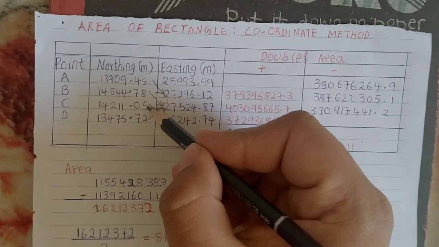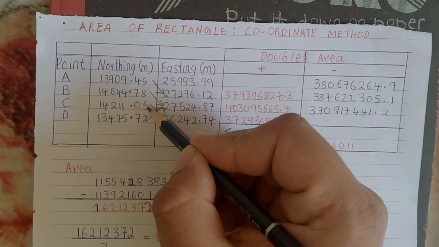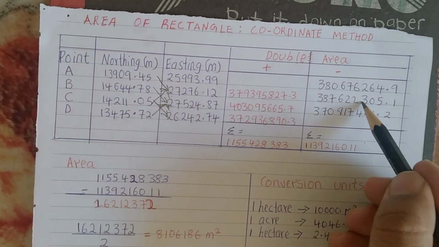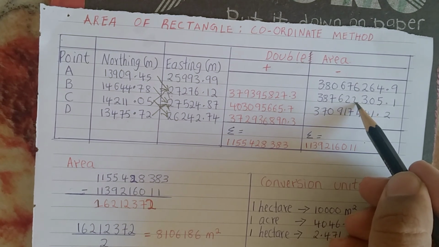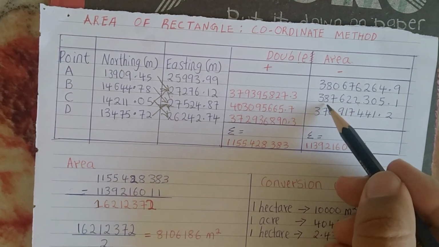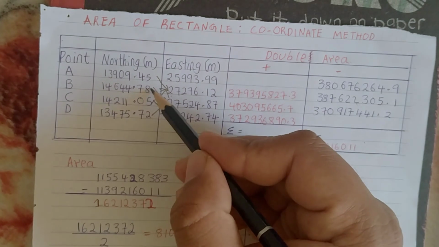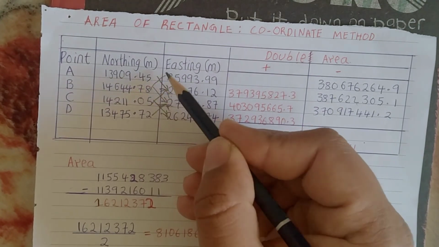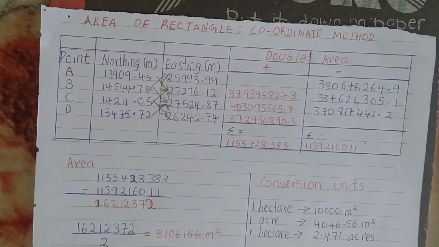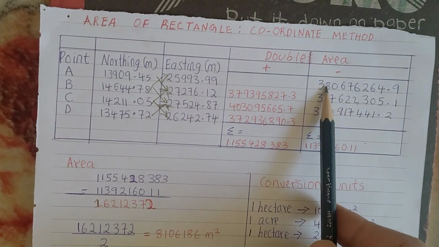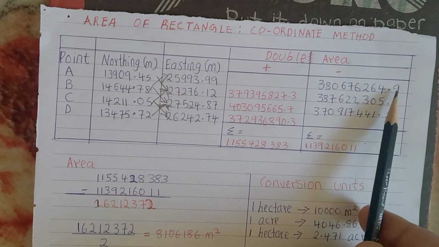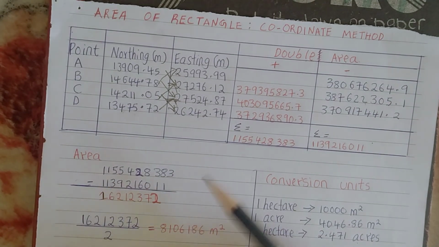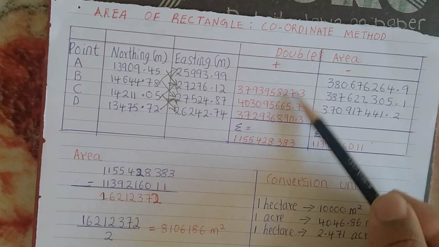So I'll take the northing of C multiplied by the easting of B, and then I write my answer over here. So this was the answer that I got. Also here the same, I take the northing of B, multiply by the easting, and then I'll get this. So when you're done, you just add all these values.